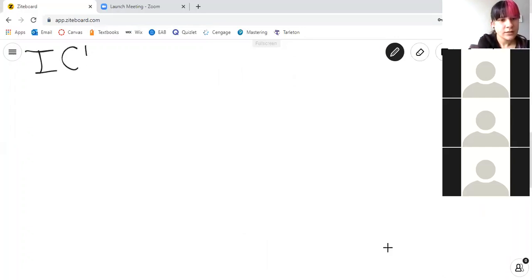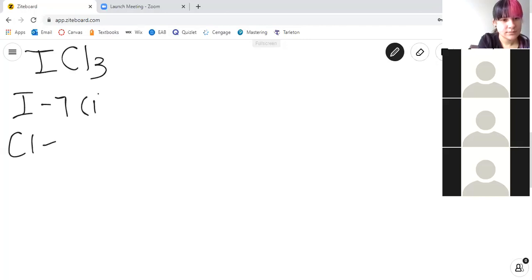We have iodine trichloride. How many valence electrons does iodine have? 7. What about chlorine? 7, but there's 3, so that makes it 21.